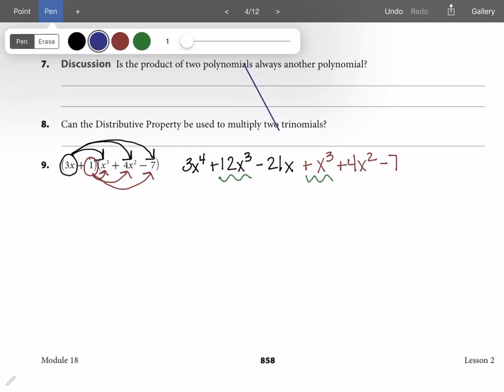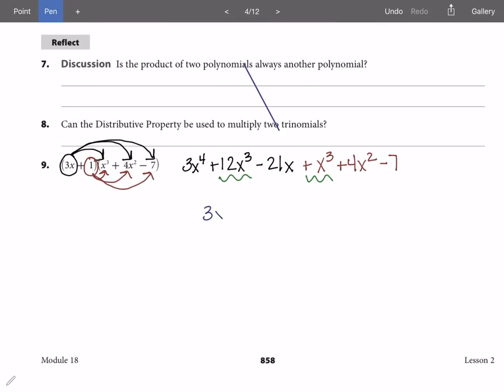And so when I write my final answer, I'm going to have 3x to the 4th, 12 plus 1x cubed is going to be plus 13x cubed, plus 4x squared minus 21x minus 7. And so this would be my final answer.